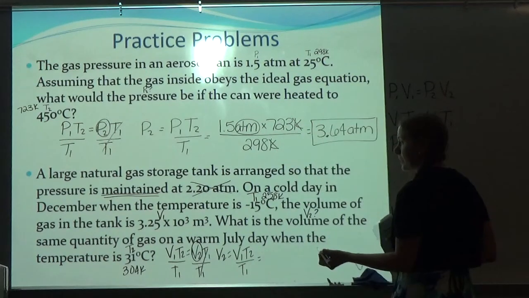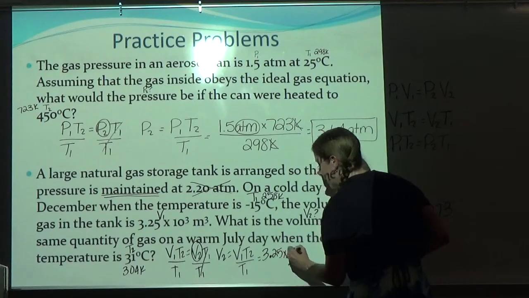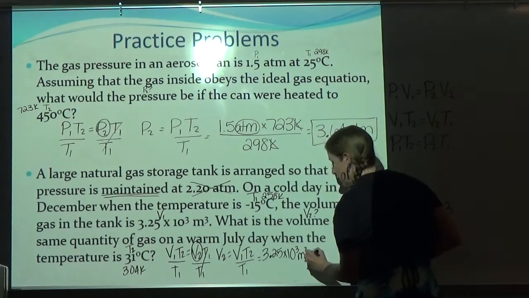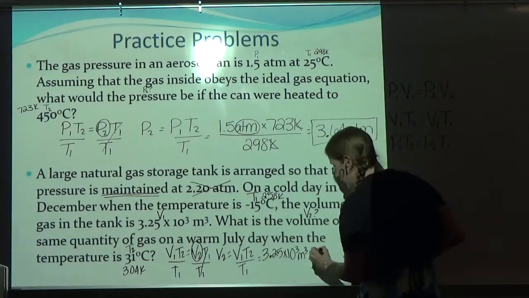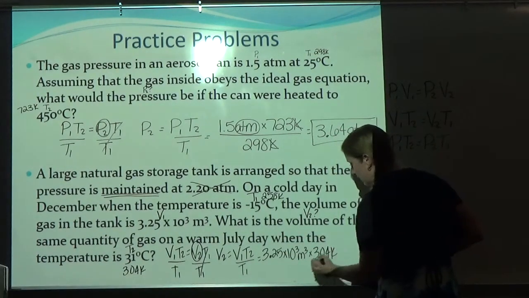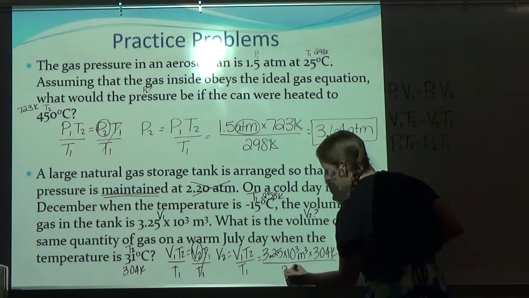And so then I'm just ready to plug in. So my V1 is 3.25 times 10 to the 3 meters cubed. Remember, it's V1 times T2. So my T2 is 304 Kelvin. And then I divide by my T1, which is 258 Kelvin.